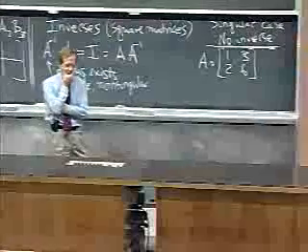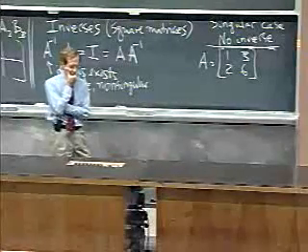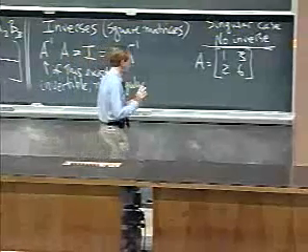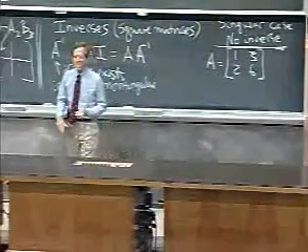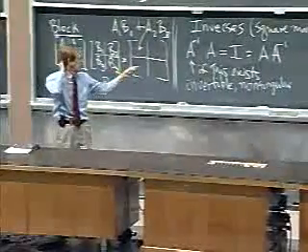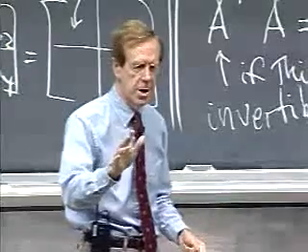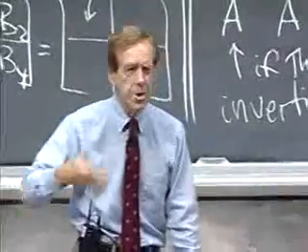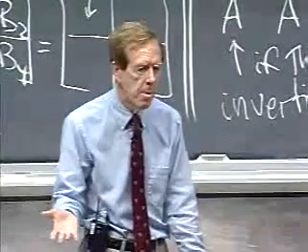Why is that not possible? I'm thinking about columns here. If I multiply this matrix A by some other matrix, then the result, what can you tell me about the columns?